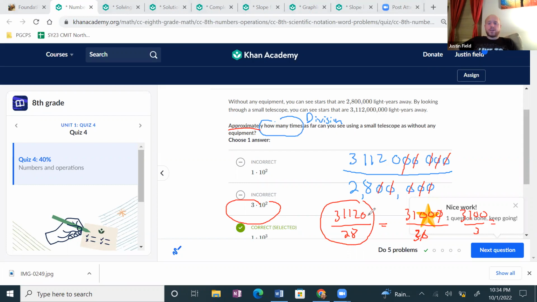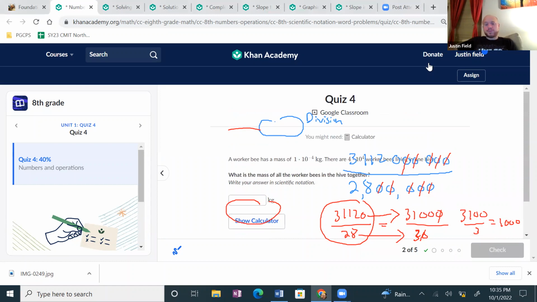And so what I did was I rounded that top number to 31,000 and I rounded this number to 30. So I rounded because approximately means round. And then I said 3,100 over 3 is approximately 1,000. It's a little bit more than 1,000, but it's approximately 1,000. And so that's what I did.